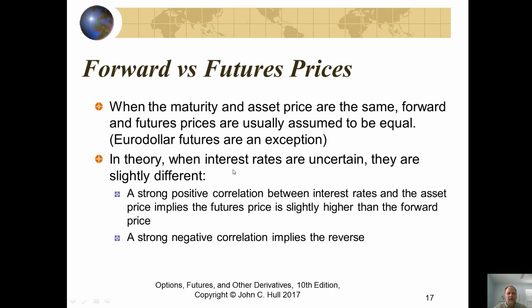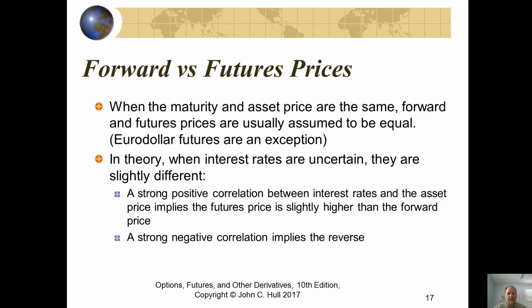Another reason is correlations with interest rates. So when interest rates are uncertain, they're going to be slightly different. A strong positive correlation between interest rates and the asset price implies the future price is slightly higher than the forward price, because in this case with a future, since it's marked-to-market daily, you will get paid daily, and then you can deposit that money in an interest-bearing account.